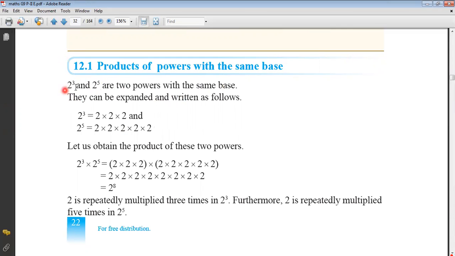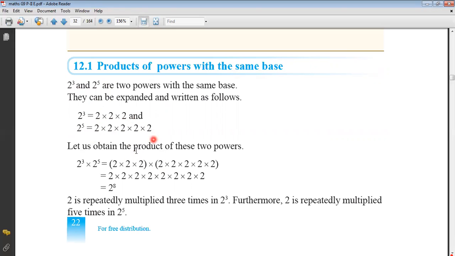Base is 2. In these powers, the base is the same. Then you can write this in expanded form, third power of 2. Then you have to write 2 three times, then the 2 five times.